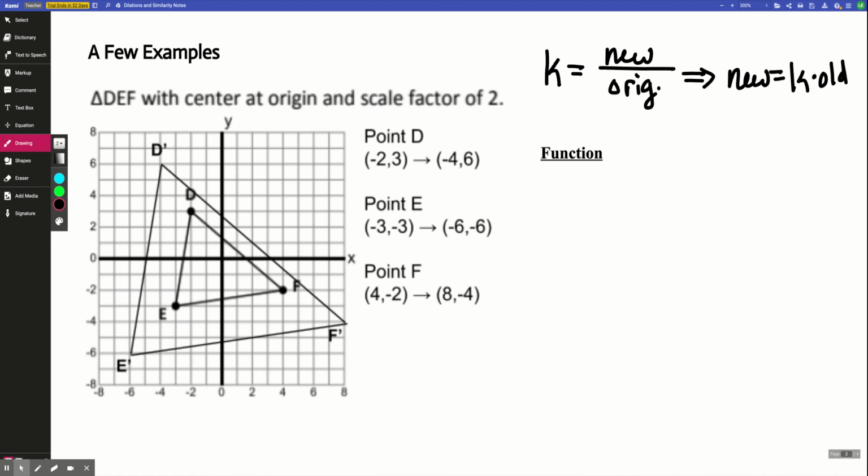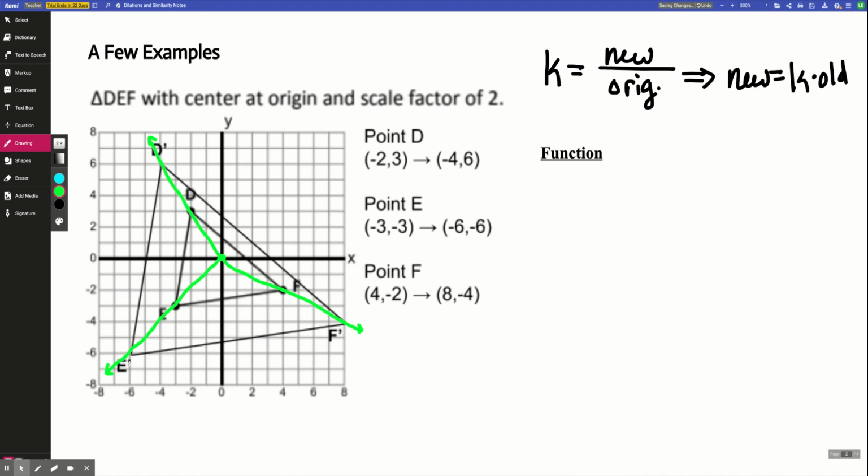So we're going to dilate this with the center at the origin, and a scale factor of 2. Okay, so what's actually happening here is we essentially are taking this coordinate point, the origin, and drawing ourselves a directed line segment. This is just a way for you to visualize what's happening and what direction the points are moving.